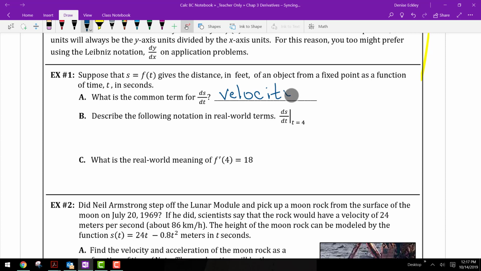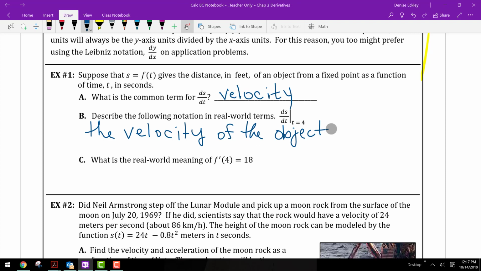So that's like feet over seconds, or feet per second, miles per hour. That is our velocity. So the notation ds dt at t equals 4 would be the velocity of the object at 4 seconds.